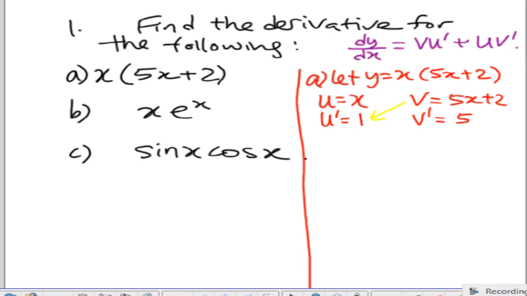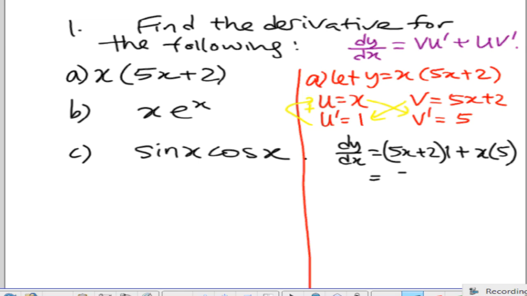So v times u dash, this is like the tail of the fish. V is like the tail of the fish, and then plus this. So my answer in this case, dy dx, is 5x plus 2 times 1, plus x times 5.